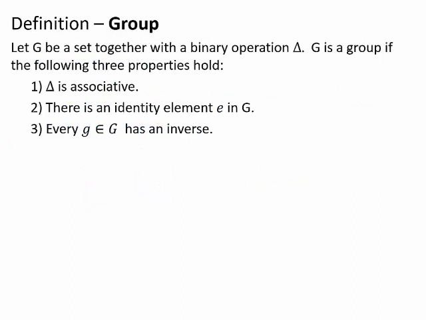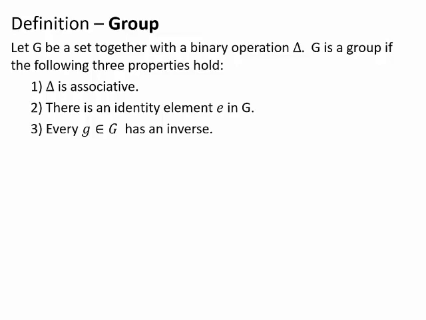And the last thing I wanted to do was finally define a group. This is the most basic algebraic structure that we study. Let G be a set together with the binary operation delta. G is a group if it has the following three properties.